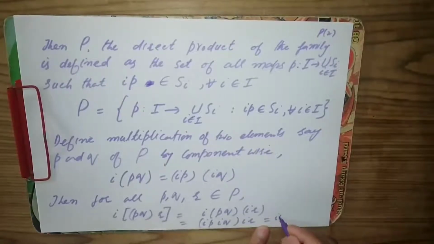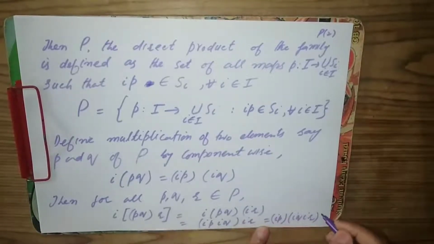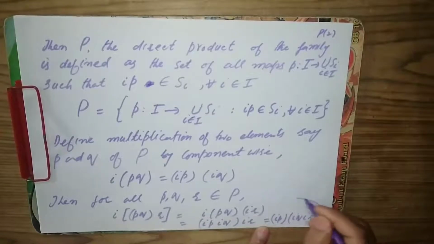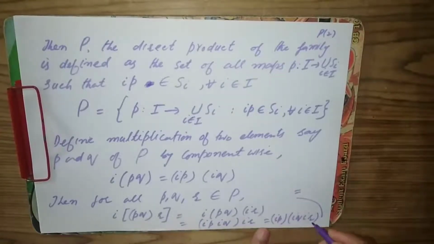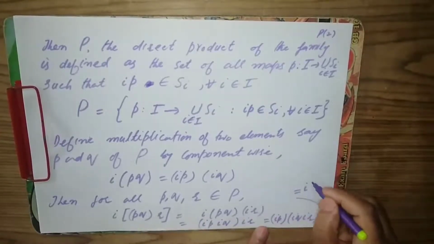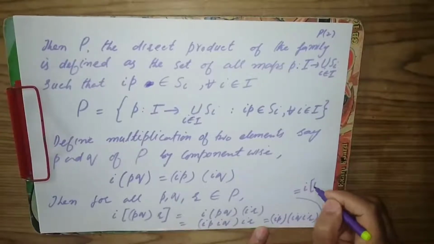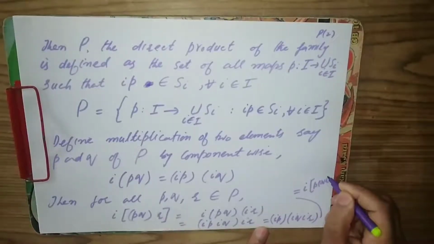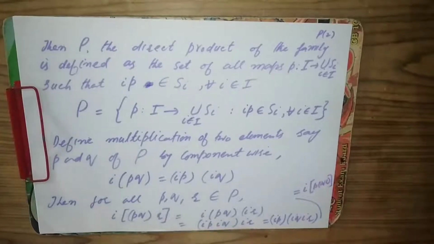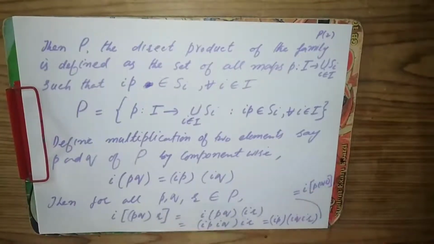It's equal to p(i) q(i) r(i), and you can easily verify that this is equal to p(i) (qr)(i). So thus (pq r)(i) is the same as (p qr)(i) for all i.